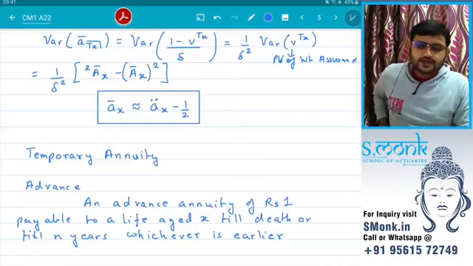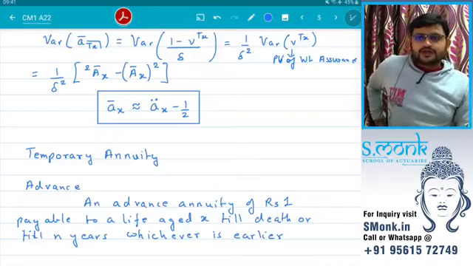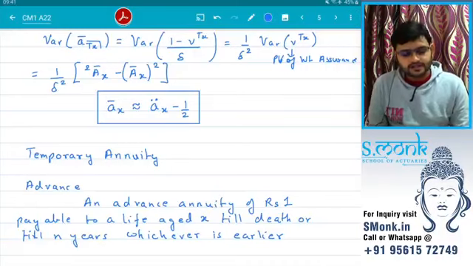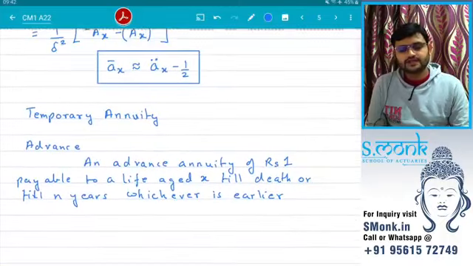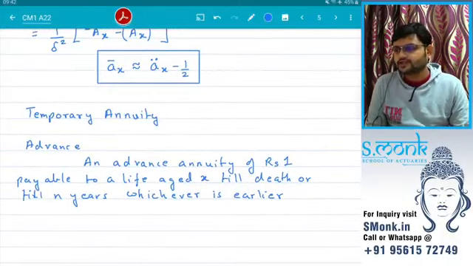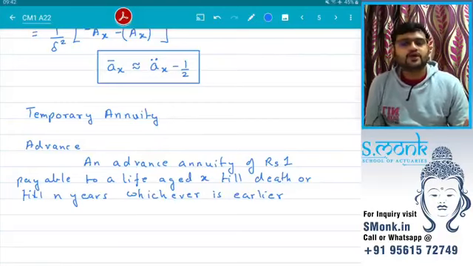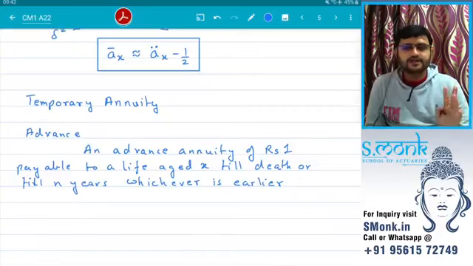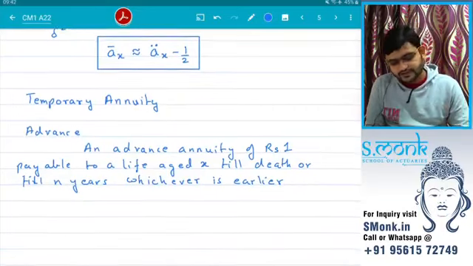So we are saying instead of going till death, if the death occurs before n years, then yes, we will be going till death. But if the death occurs after n years, we'll be paying only for n years. So till n years, it is the same as our whole life annuity. But after n years, it is different.